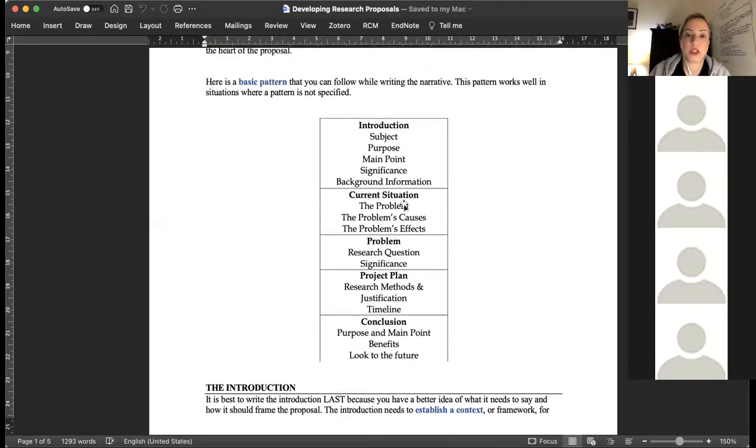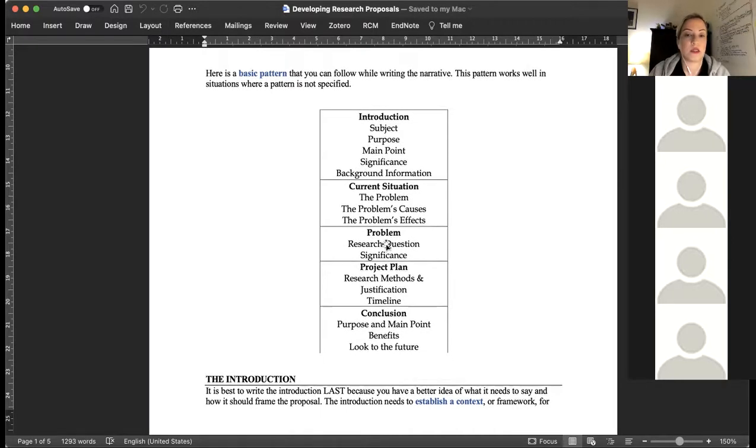The current situation gives me what the problem is and the problem's causes and effects, which we'll talk a little bit more about in a second. There's the problem paragraph that tells me what the research question is and its significance. The project plan provides me with the research methods, justification, and timeline. How long will it take to carry out this project?